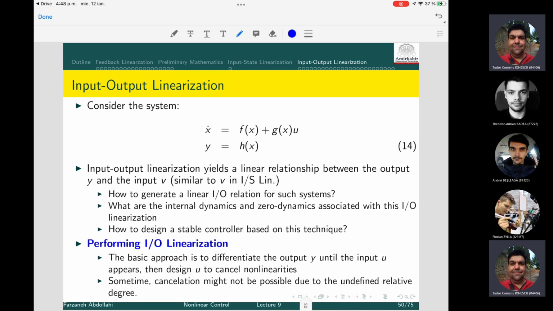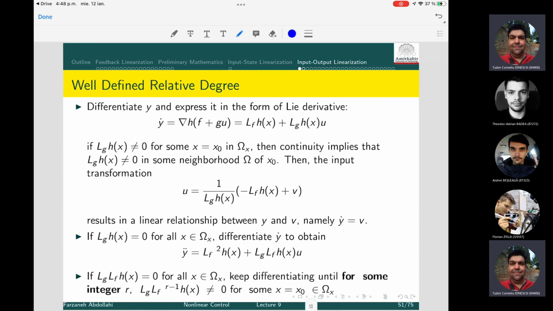Sometimes the cancellation might not be possible due to an undefined relative degree. So sometimes you can have a problem. You have to have a well-defined relative degree. Differentiate Y and express it in the form of a Lie derivative, like this: LFH plus LGHU.